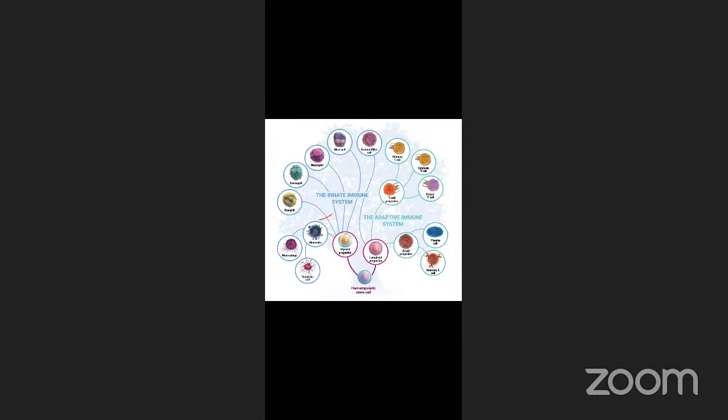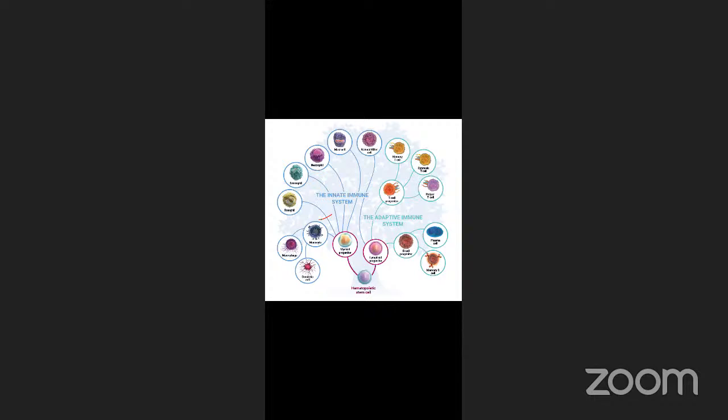Perforins, interferon gamma, or different types of cytokines or enzymes are released from the natural killer cells at the time of infection, and they are capable of killing the viral infected cell. They also activate T cell mediated immunity. T cell mediated immunity can be activated by the natural killer cell.